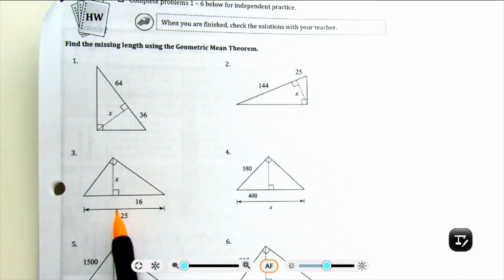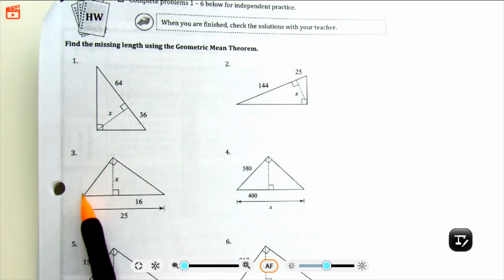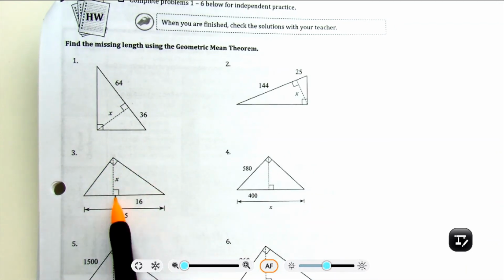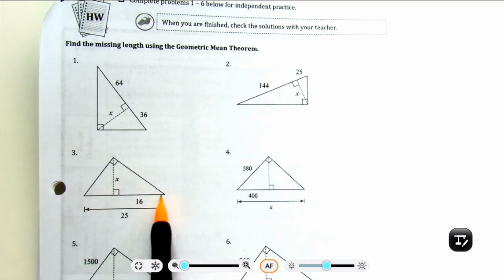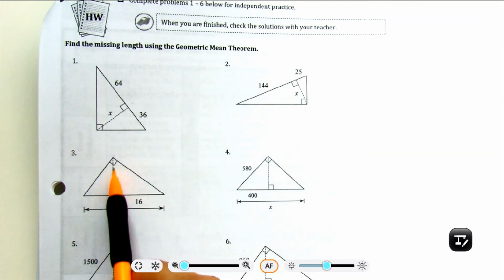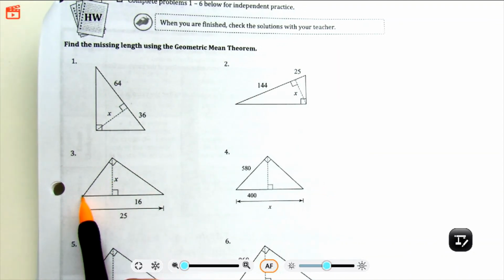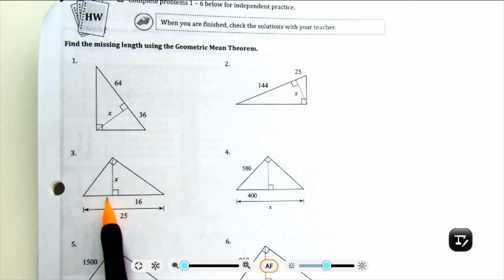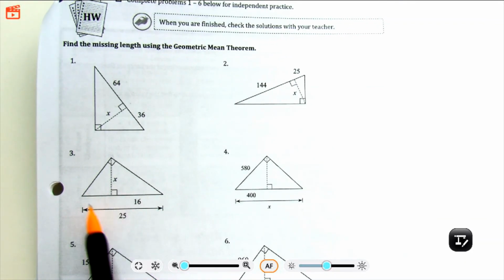If we want to solve for x, we want to compare the short or the small triangle and the medium triangle. Now they tell you that the long leg of the medium triangle is 16, the short leg is x, and they also tell you that the distance from here to here is 25. So then what is this piece going to be here? What number plus 16 would give us 25? And that is 9.